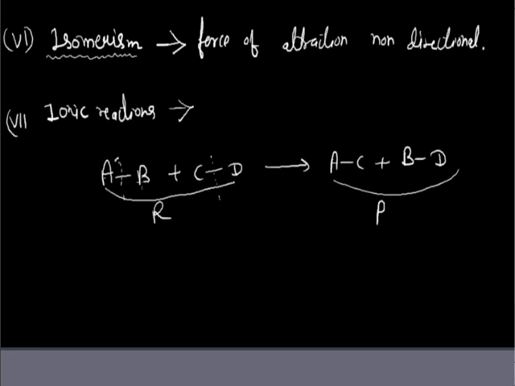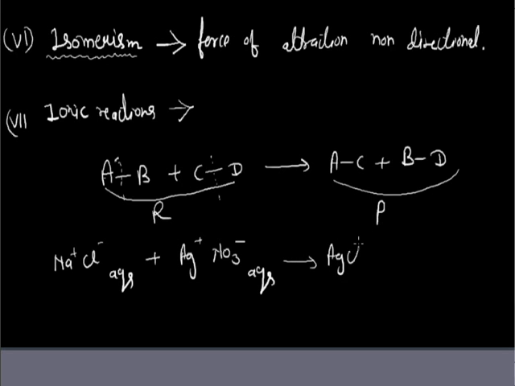So generally, chemical reactions are slow in covalent compounds, but in the case of ionic compounds, like NaCl reacting with silver nitrate, it gives the product AgCl plus NaNO3.